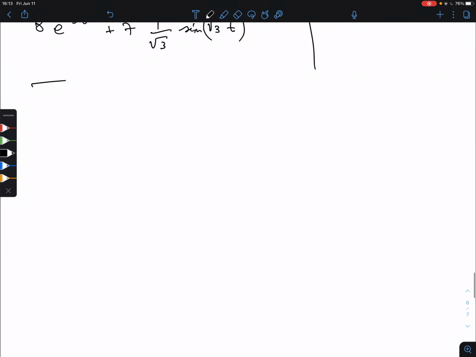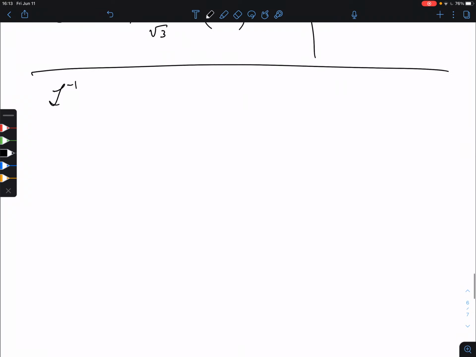Okay, so let me see this one. So the inverse Laplace transform of the following function here.